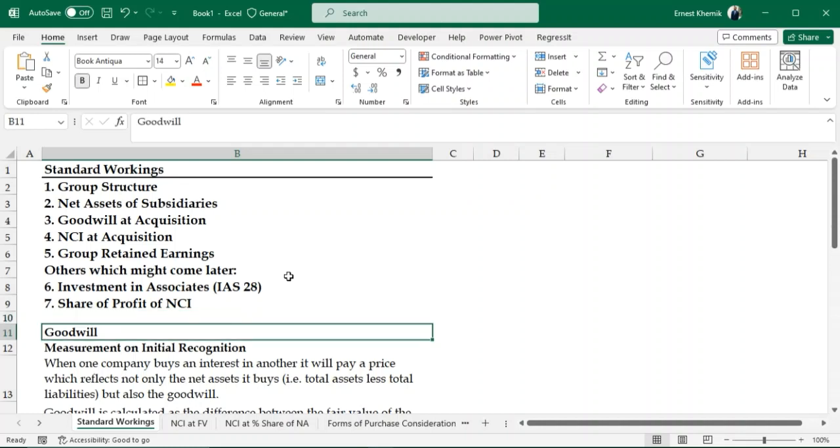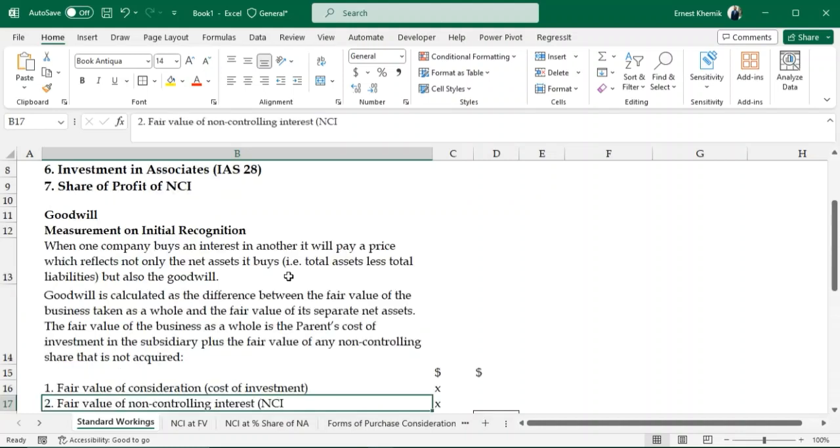All right, so we have goodwill. I established the fact that IFRS 3 deals with goodwill, recognizing goodwill on acquisition. Whenever the parent acquires a subsidiary, you need to recognize goodwill. There is a reason for that.